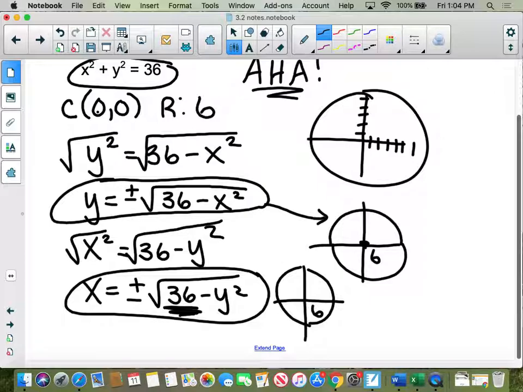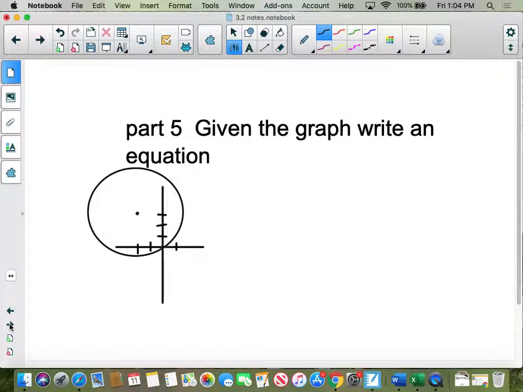So, okay, last part. Given the graph, write the equation. So you'll have to do this on the test. I'm hoping you can tell that it's a -2 and a +3, correct? You ready to start writing the equation?